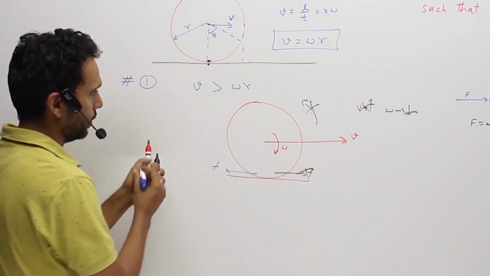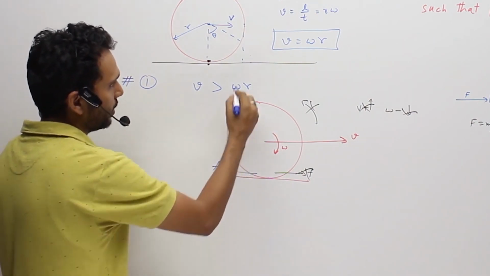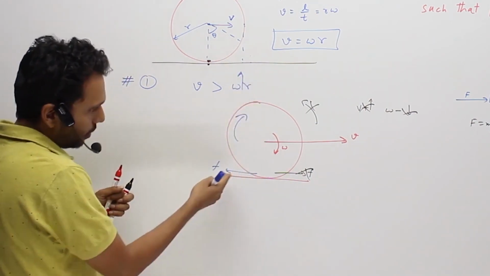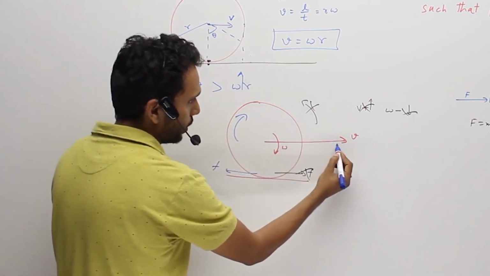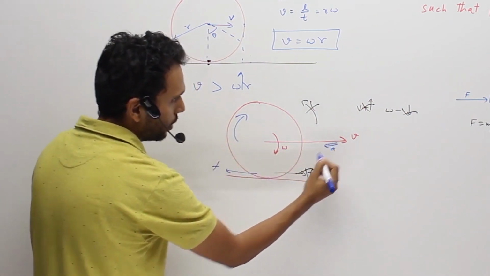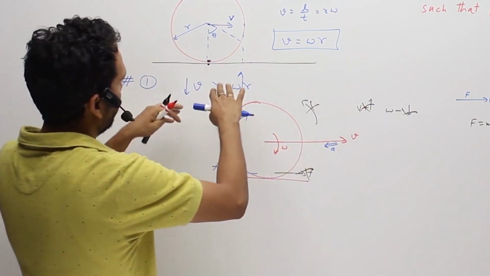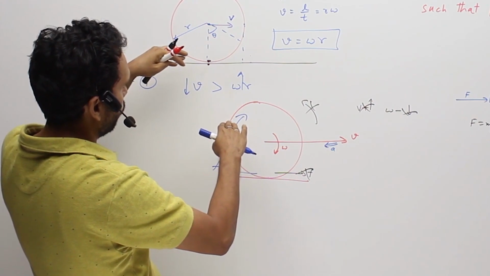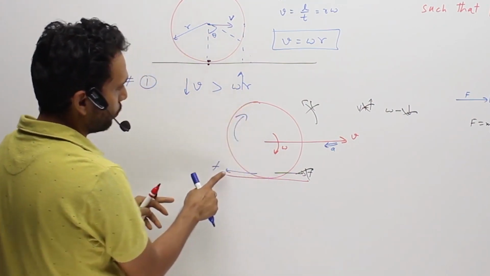If the blue force was acting, then we get a torque in this direction, which is going to increase the omega, and since this external force is backwards, it is going to decrease the velocity also. The acceleration will be backwards, so the velocity will decrease. V was high and omega was low, so now omega is becoming higher and V is becoming lower. Both are changing by the same force.